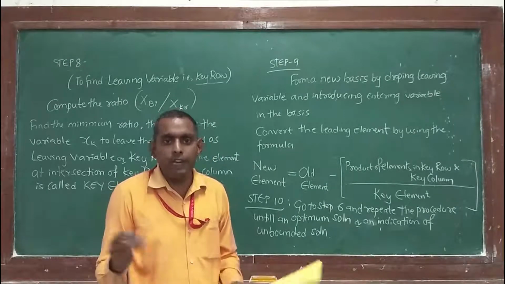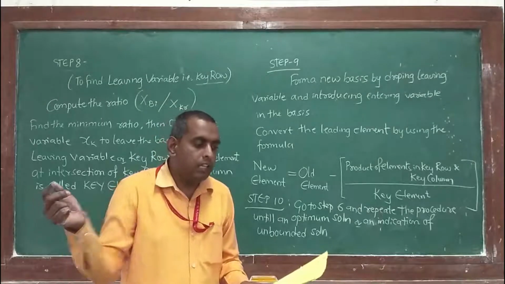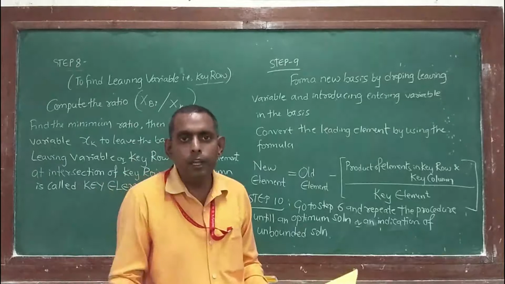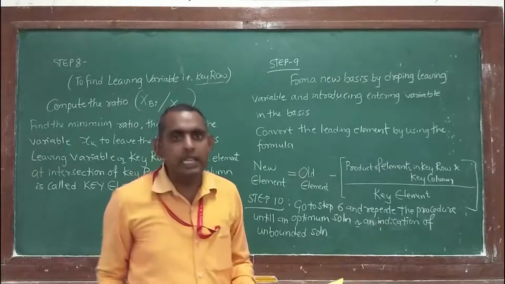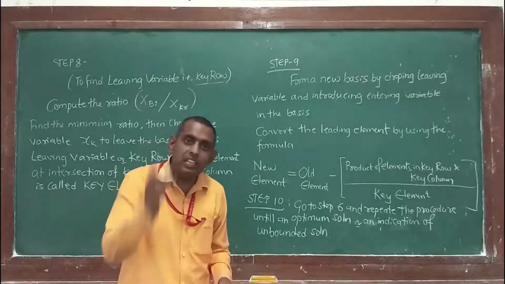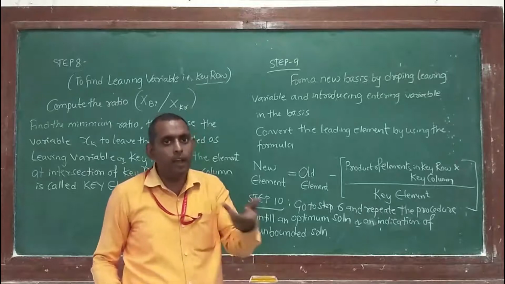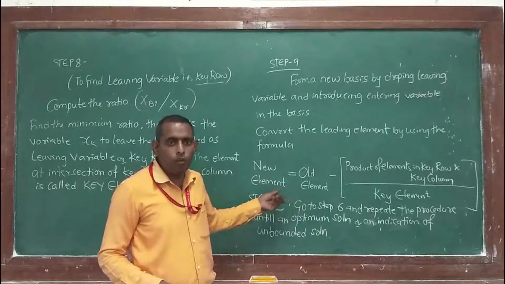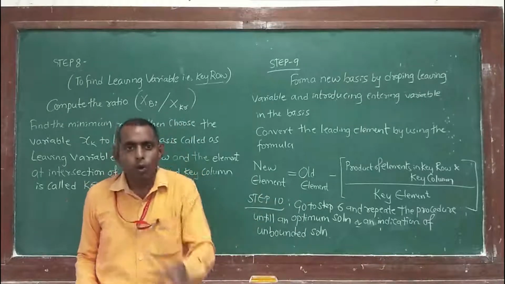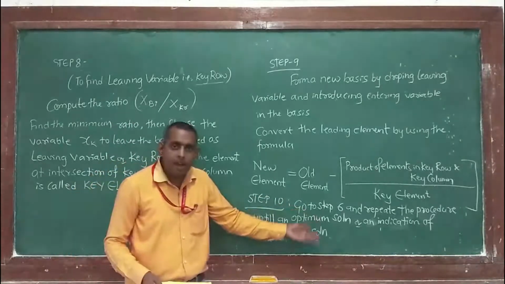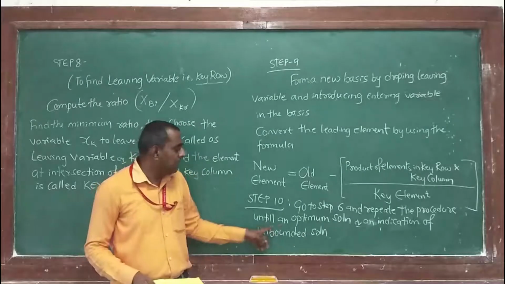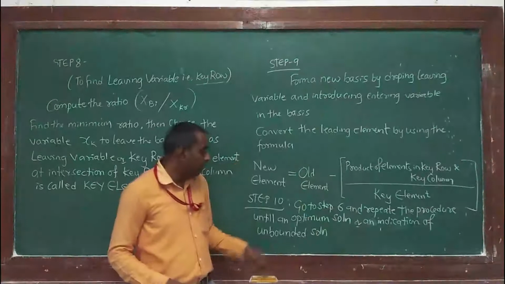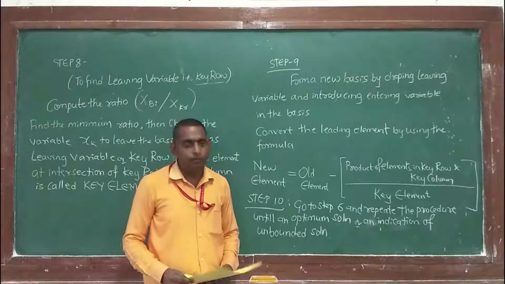The intersection of the entering variable, that is key column, and the leaving variable, that is key row, gives the key element. Fine. So using that key element, we find the new element with the formula. Once we get the new element, again we go to step number 6 and repeat the procedure until we get an optimum solution or an indication of unbounded solution. Fine. Thank you.